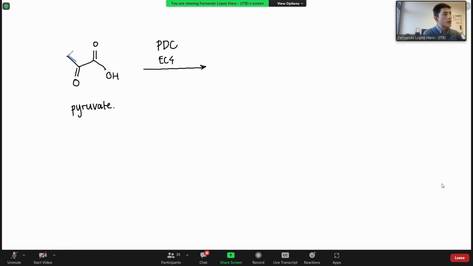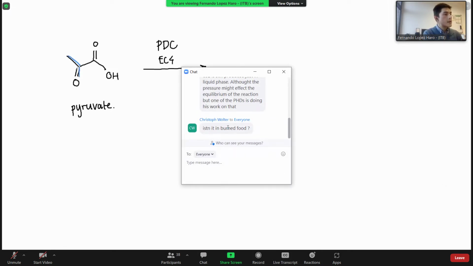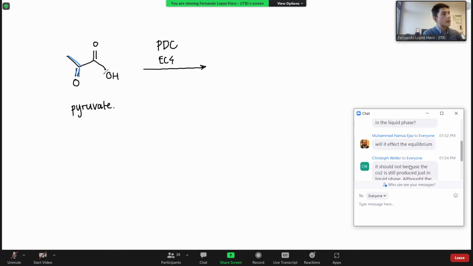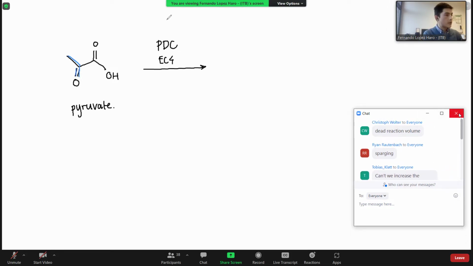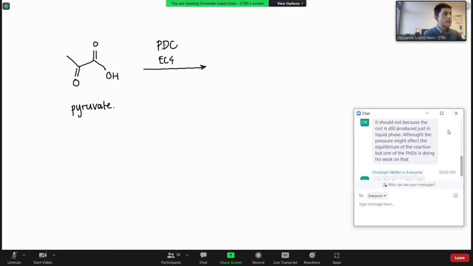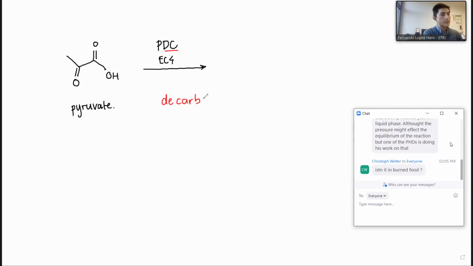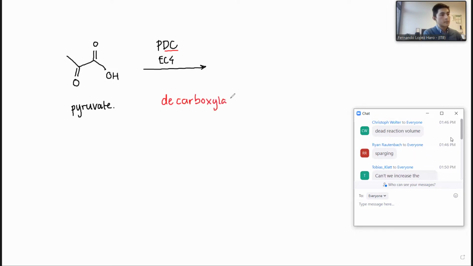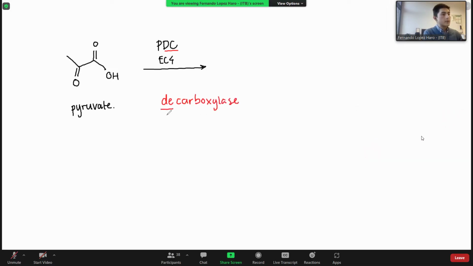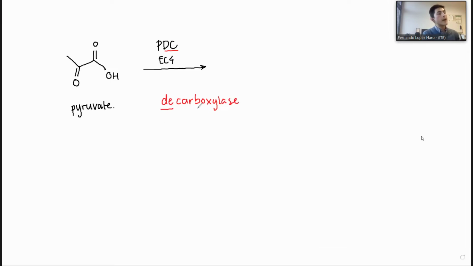Let's focus on these. We're saying it's a decarboxylase. So D means it removes something from the molecule, and carboxylase means it's referring to CO2.